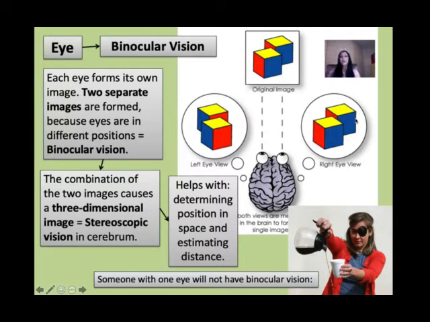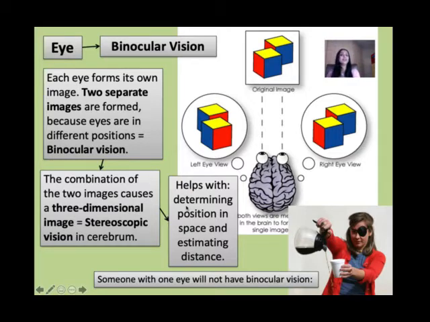So when these two images combine, it causes a three-dimensional or a 3D image. This is the 3D, three-dimensional or stereoscopic vision that is going to be interpreted in my cerebrum, and this is what we result in seeing.